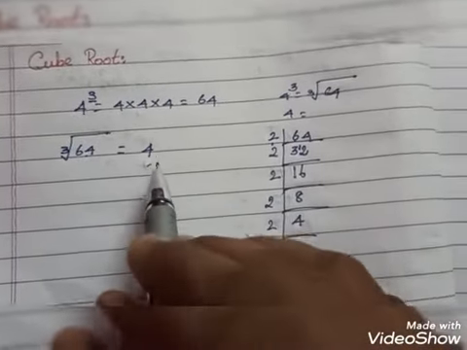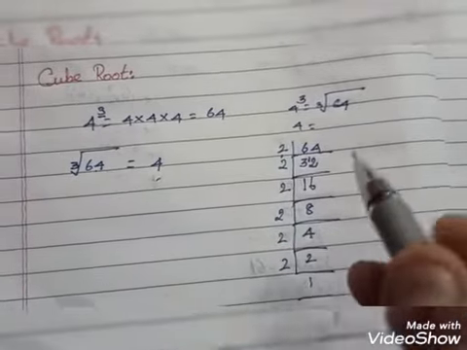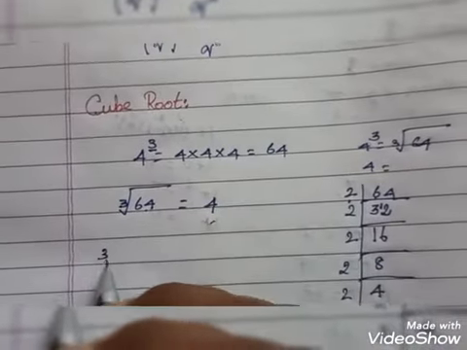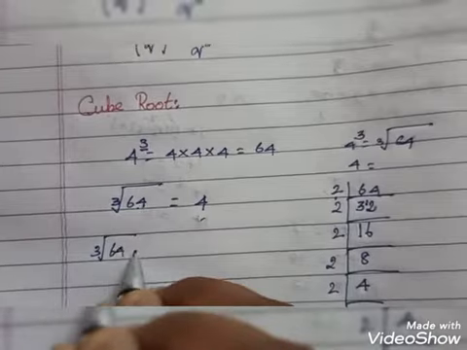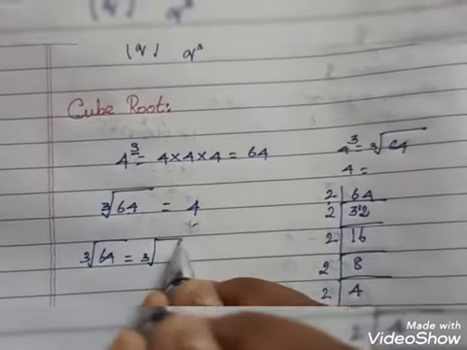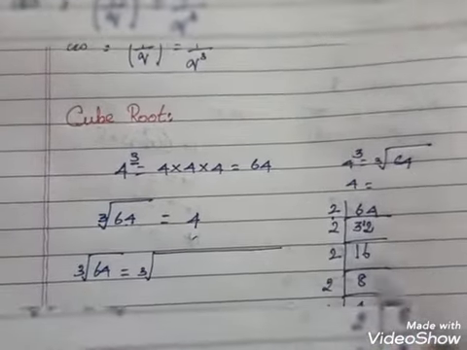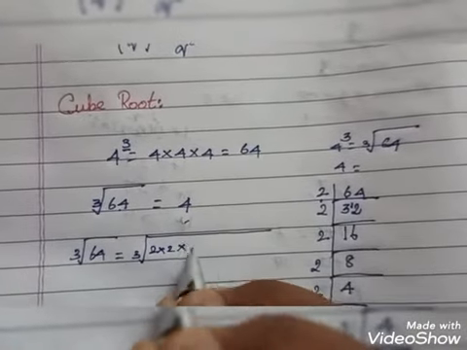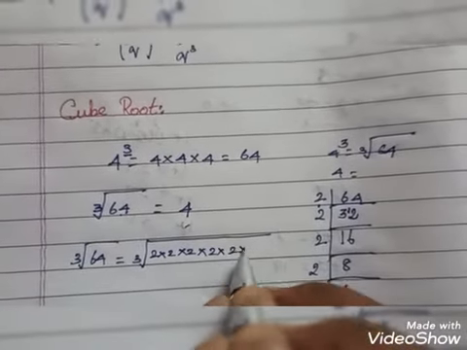There is no 4 among the factors. How is it possible that it becomes 4? So now you write the factors inside the cube root. Instead of 64 you can write all these factors. How many 2s? 1 2 3 4 5 6.